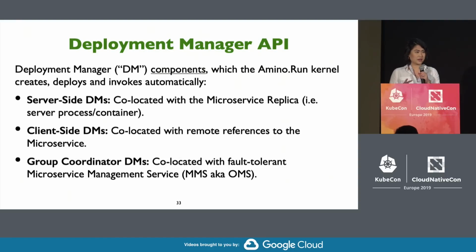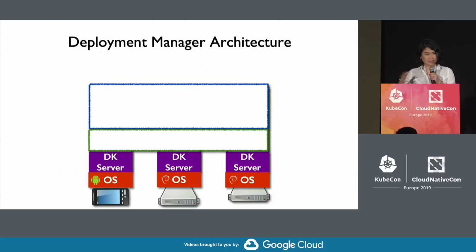The deployment manager API splits each deployment manager into three components. Each must consist of some server-side code, which the Amino runtime co-locates with the microservice itself, some client-side code, which the runtime co-locates with the callers of the microservice, and a centralized group coordinator component, located on a fault-tolerant service provided by the Amino runtime.